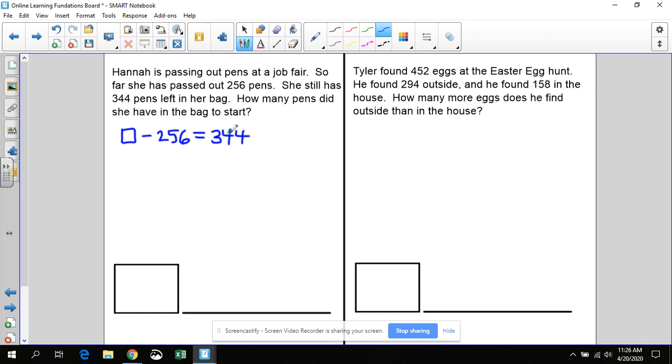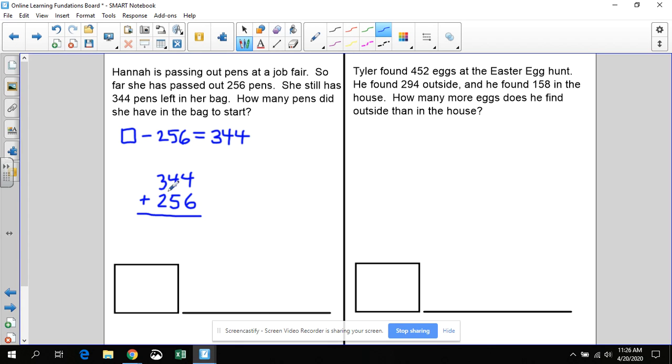If I do that in reverse, like yesterday, it's going to be 344 plus 256. This is just like when you did the check problems yesterday, where you took the answer and put it on the top, the middle number stayed in the middle, and you switched the sign to get where you started.